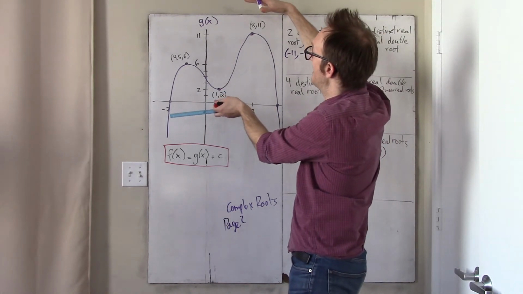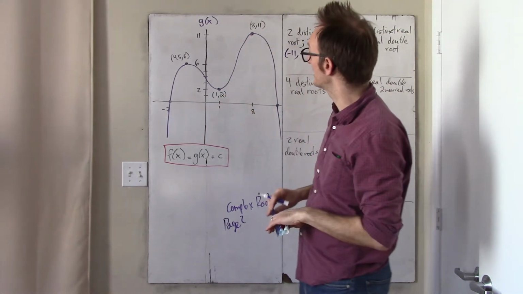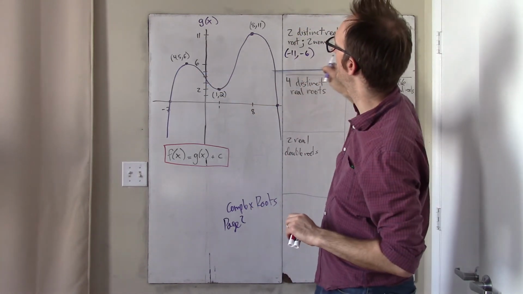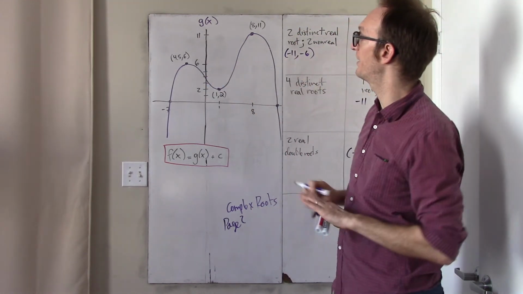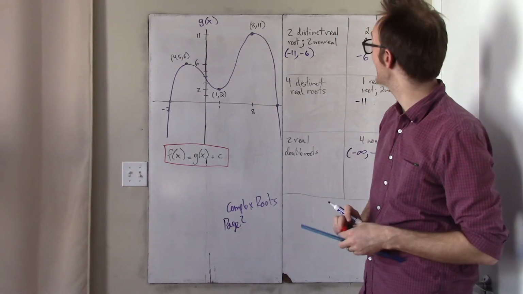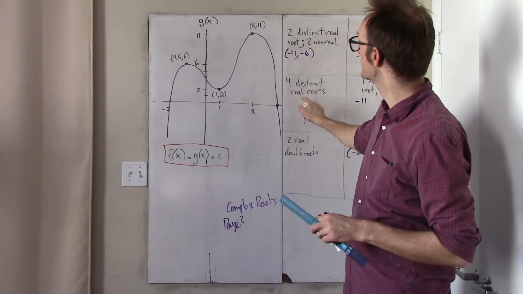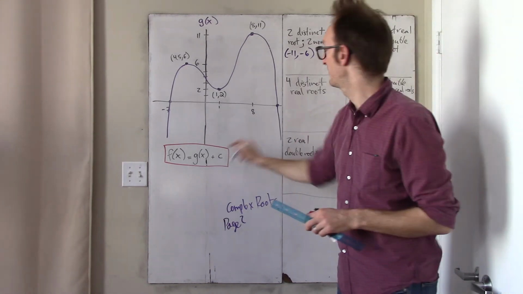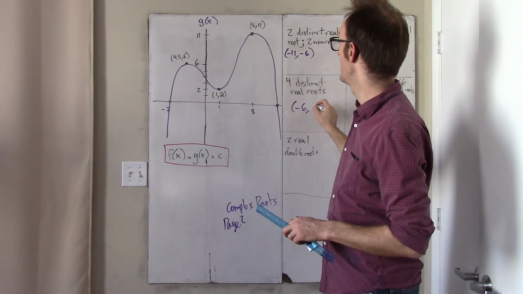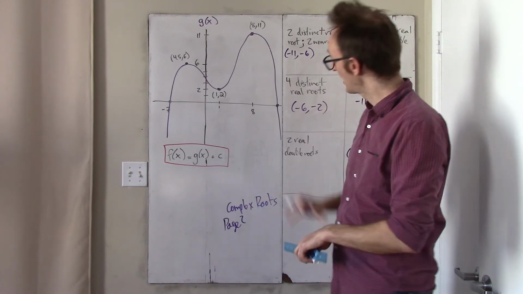And now if I move c down, like say -7, if I move this entire graph down by -7, now the x-axis is going to pass through this polynomial 4 times. And so I'm going to get 4 distinct real roots if c is anything from -6 to -2.